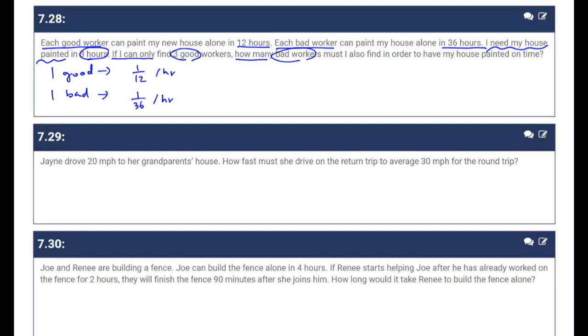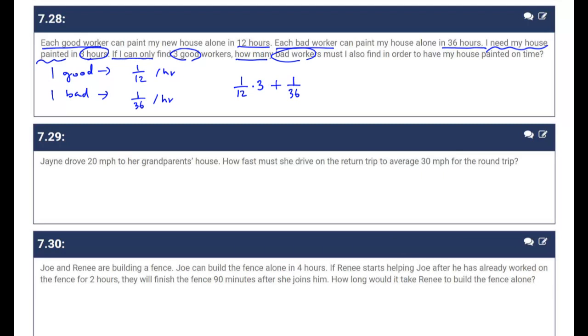So now let's focus on how much can be done every hour by good workers and bad workers together. Well, each good worker can do 1 out of 12 of the job, and there are 3 of them, so 3 times that can be done. Plus, the slower ones are still helpful, the bad workers. 1 out of 36 can be done by each bad worker.